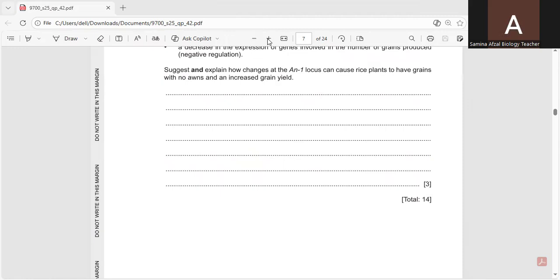So the goal is to achieve two outcomes: no awns and increased grain yield.